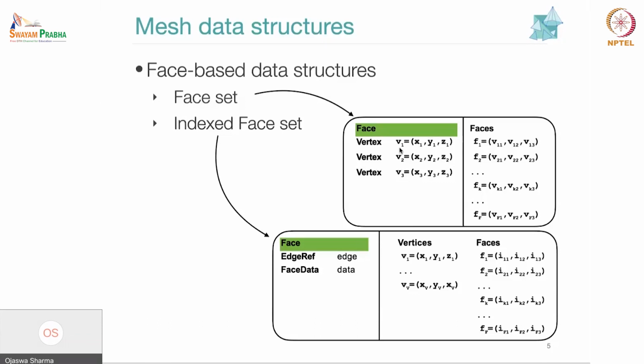So you will have to search through it. Is that right? So that's my indexed face set. Good for certain purposes. In fact, the GPU also likes this data structure.